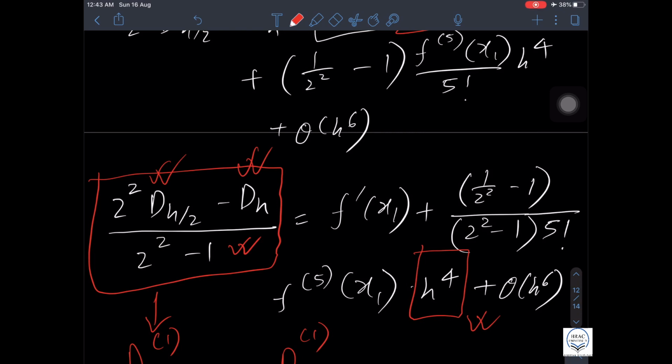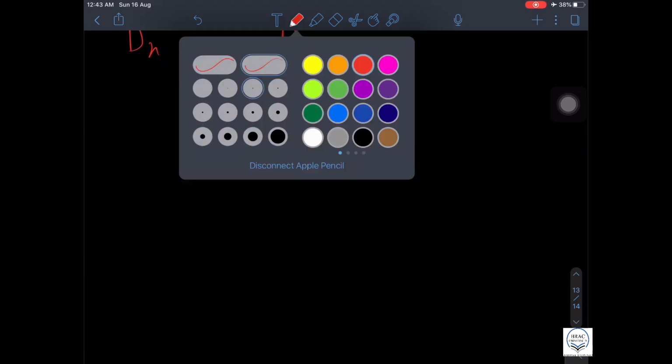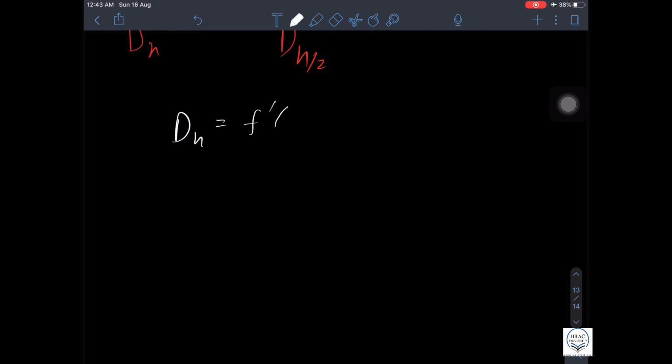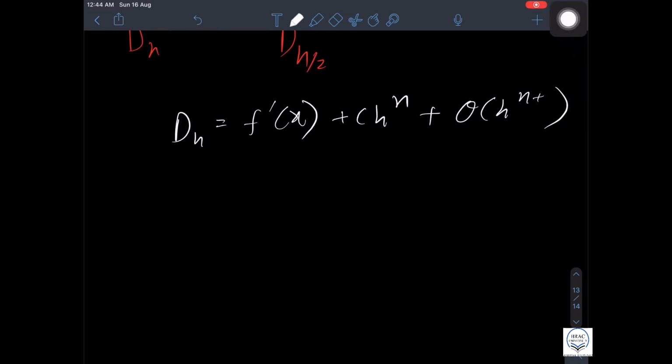Okay, so I have one more comment to make here, and then I'll finish. So if I have arbitrary orders, for example d_h equals f prime of x plus c h^n, and I don't even need to know what c is. Because if I have this d_h of order h to the power n, whatever coefficient here is f double prime, triple prime, or to be precise it would be f^(n) or whatever it is, I don't care about that.